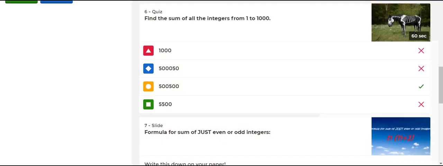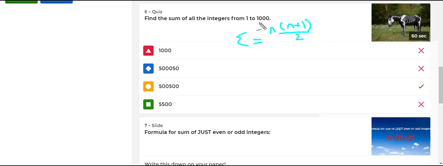Once you have the formula, this is a pretty easy problem. Once again, the formula is sigma equals n times n plus 1 divided by 2. N is where you're trying to get to.